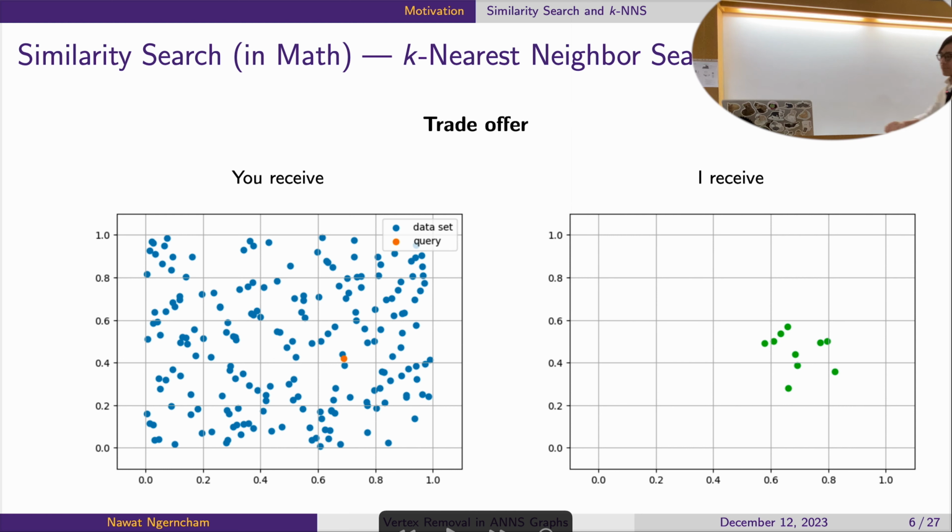Let's say this example has a data set and a query point. A real world example might be, I give you my pencil case, and inside of it I have a lot of pens and pencils, and then I also tell you that here's a query point. Please find me, let's say, 2 items from this pencil case that look like it.